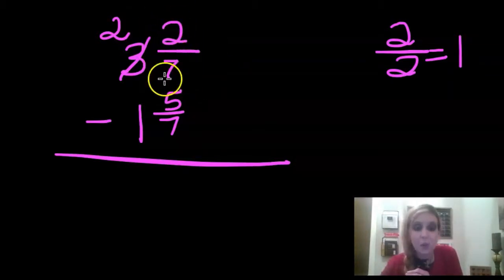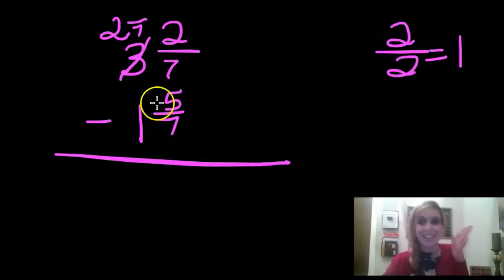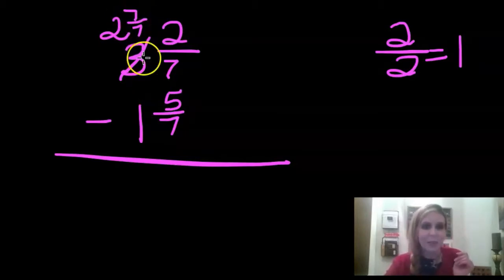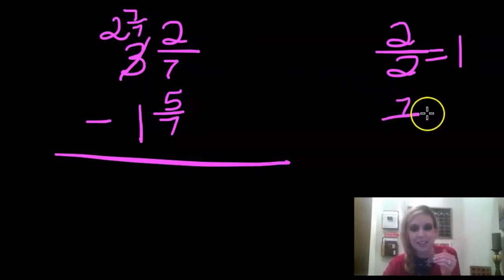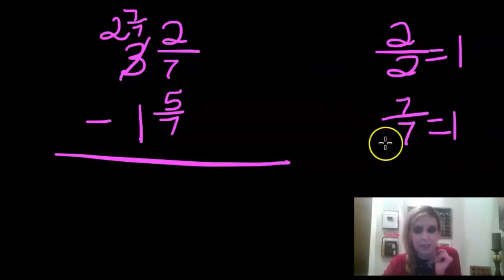So I need to make sure that my denominators are alike. So I need a fraction that equals 1 with the denominator of 7. So what's my numerator going to be? 7, okay? Because 7/7 is 1 whole.